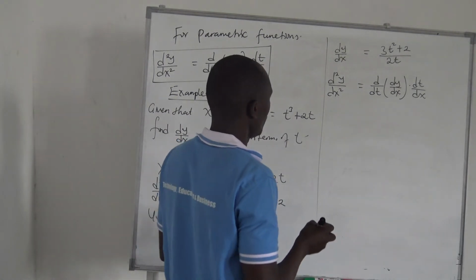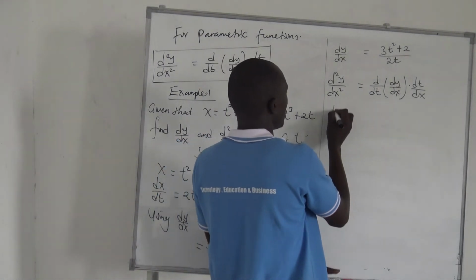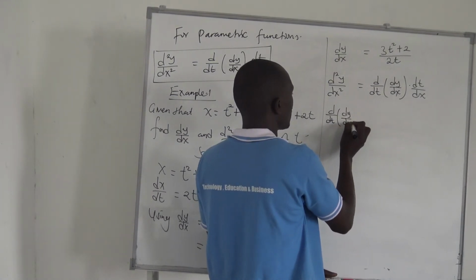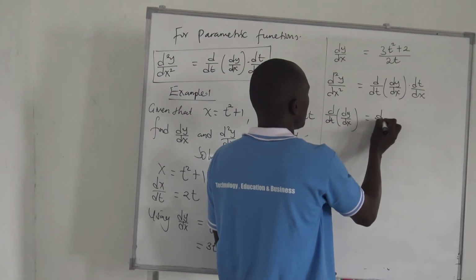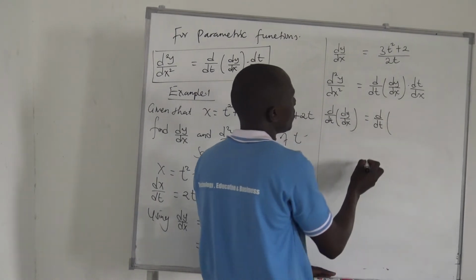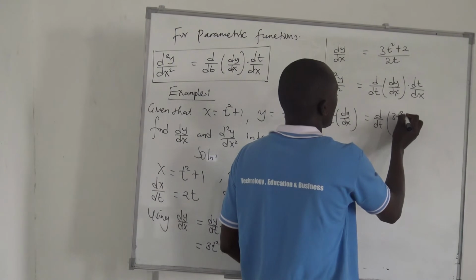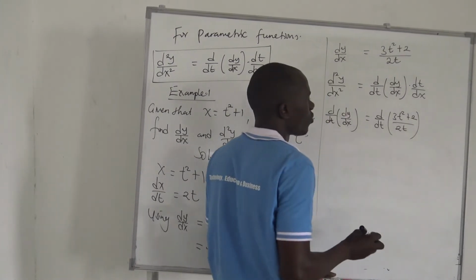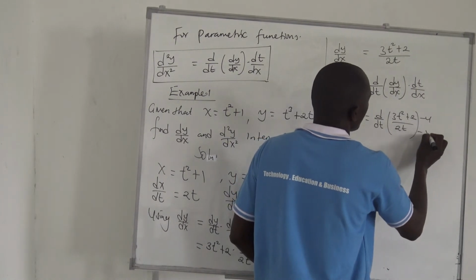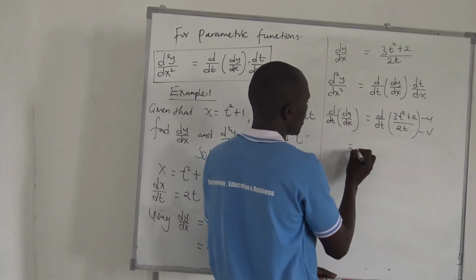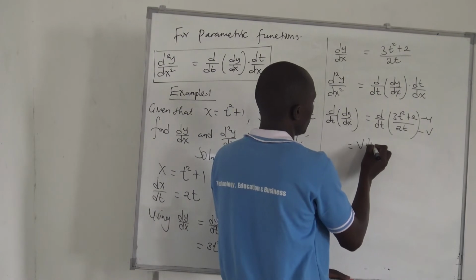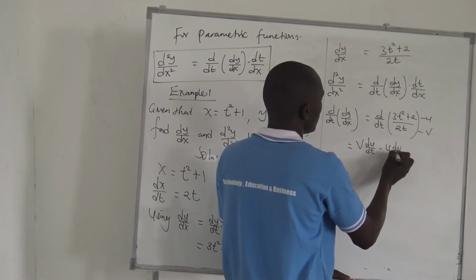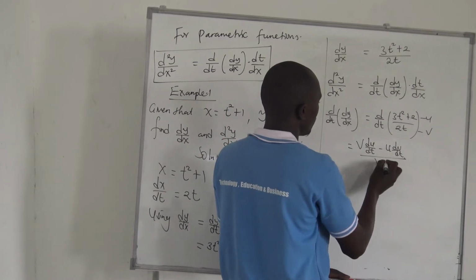So, that means we first get d dt of dy dx. What is the dy dx? It is 3t squared plus 2 over 2t. So this is our quotient, u over v. How do we use that one? From v du dt minus u dv dt all over v squared.